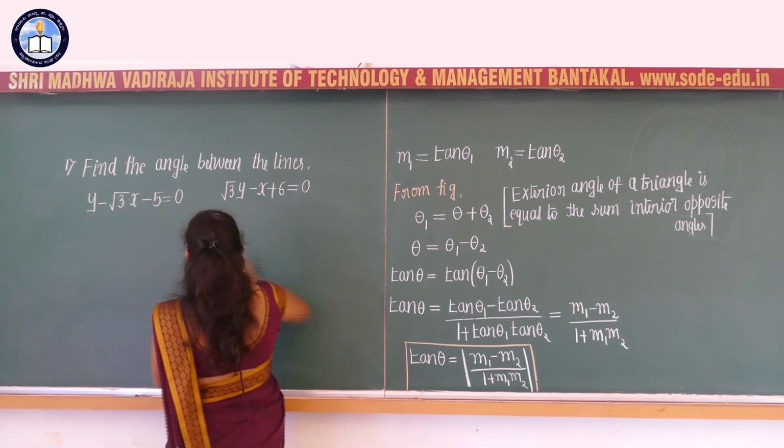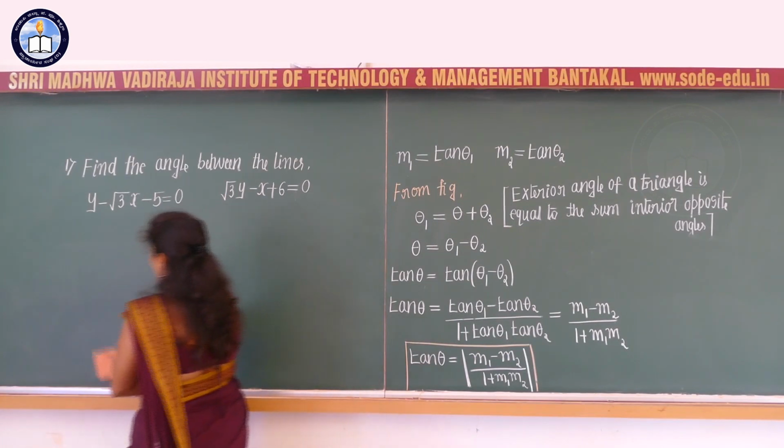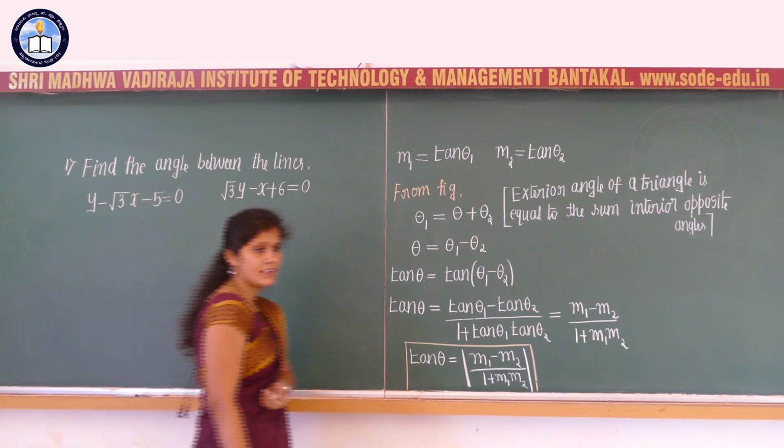So, find the acute angle theta between the two lines, where the lines are given in this form.